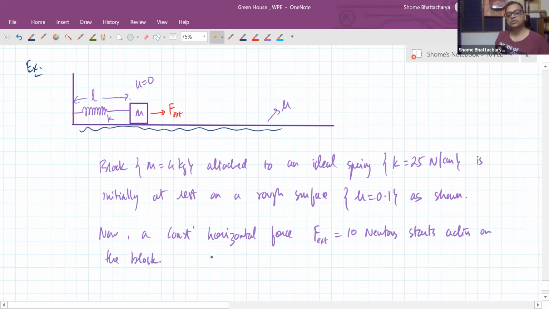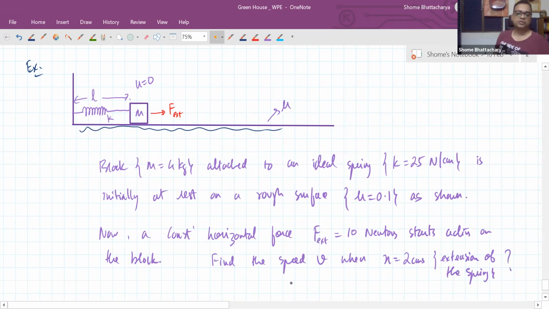So find the speed v when x is equal to 2 centimeters, that is the extension of the spring. When the spring is extended by 2 centimeters, what is the speed of the block? You have to calculate this.